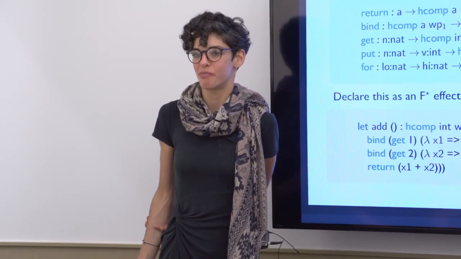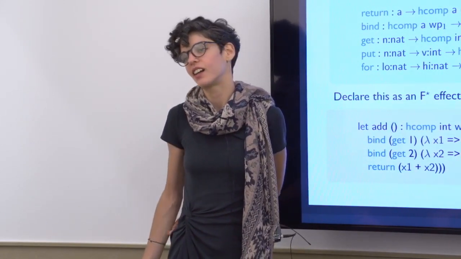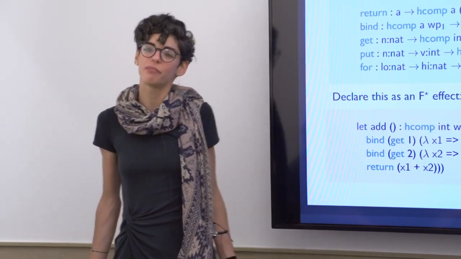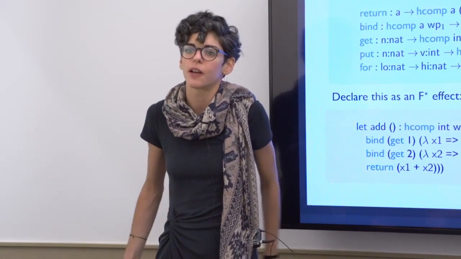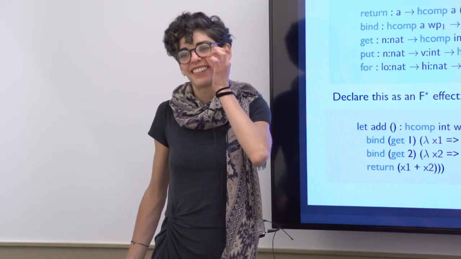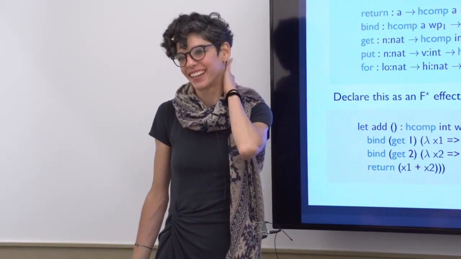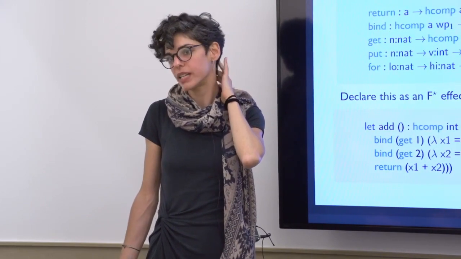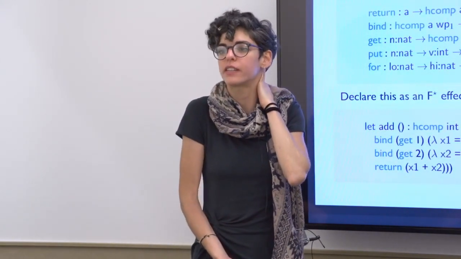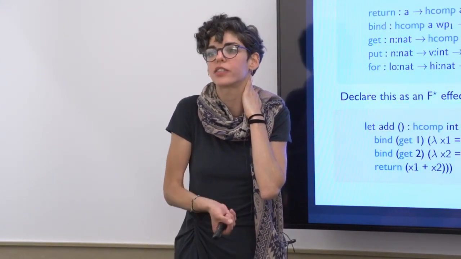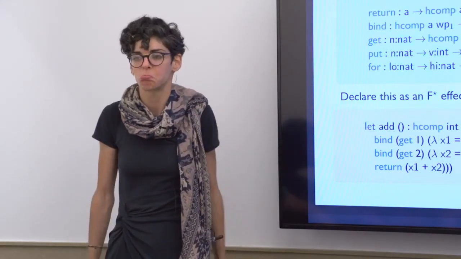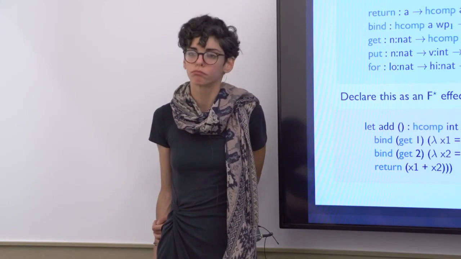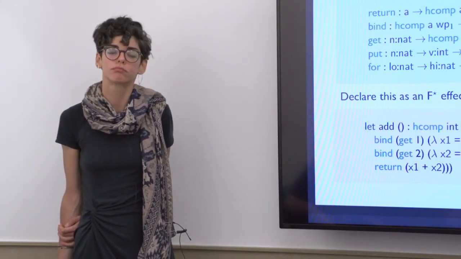It's shallowly embedded into F star. It means that the combinators of our DSL are themselves F star programs. It means you just limit yourself to calling the five functions that you see on the top, and we call that our DSL.